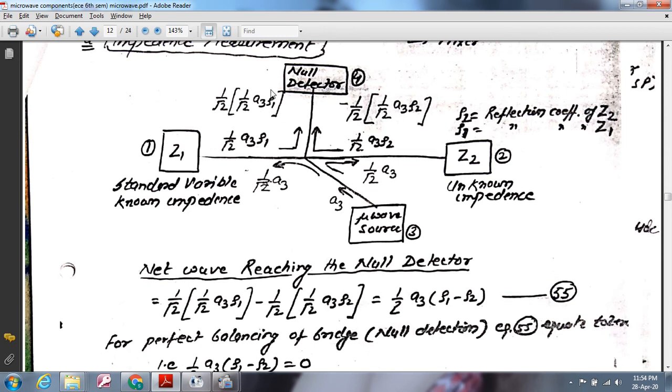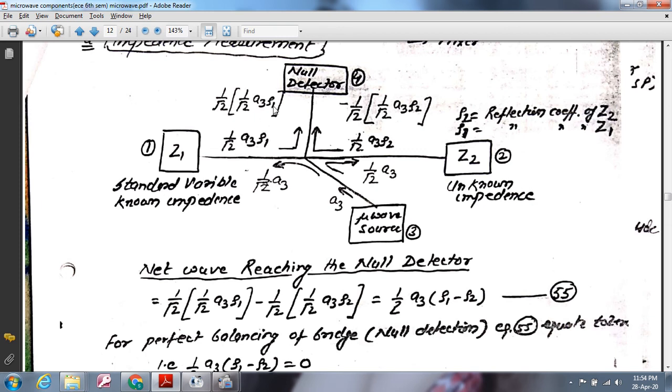If we see this, 1 by root 2 into 1 by root 2, A3 into rho 1, and this minus this, then there is only one difference, that is rho 1 and rho 2. Now if these two are equal, then the null detector will show 0.